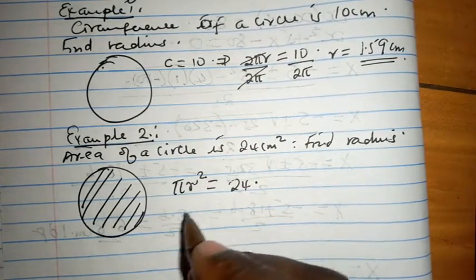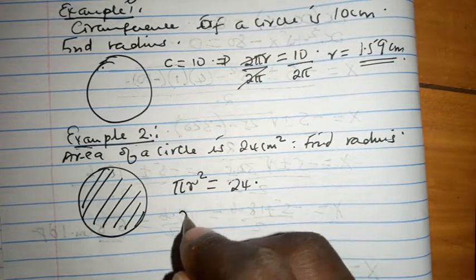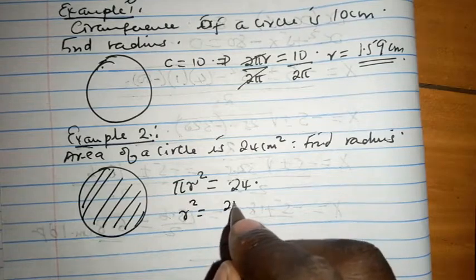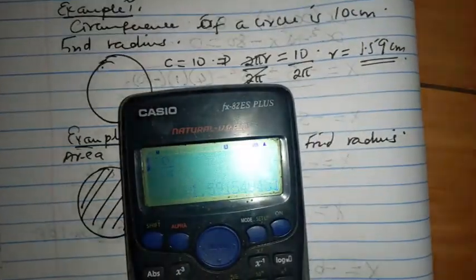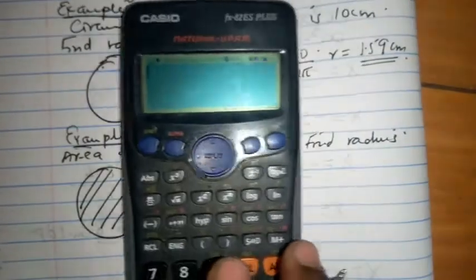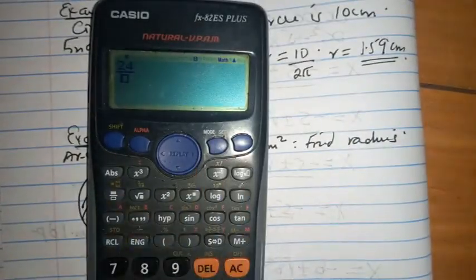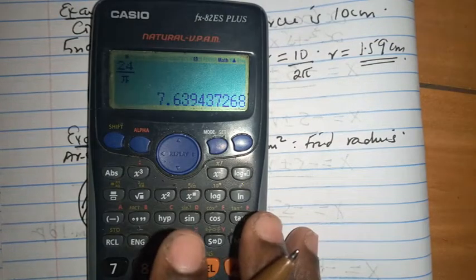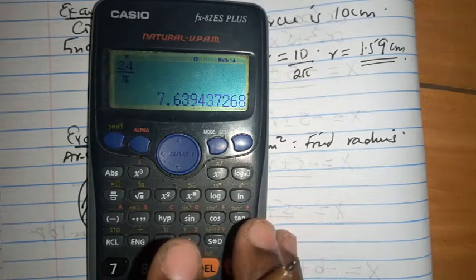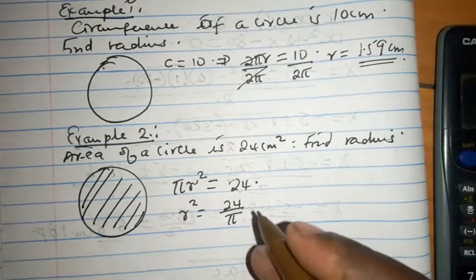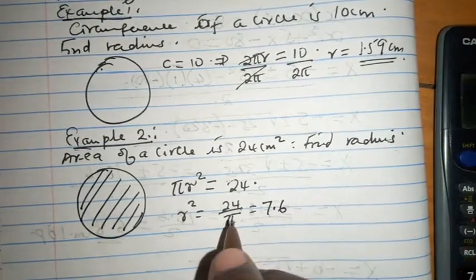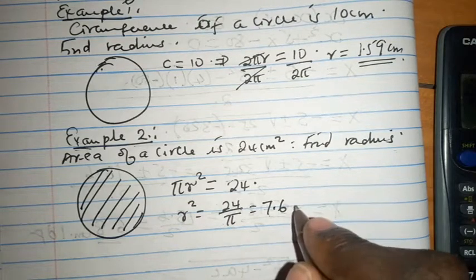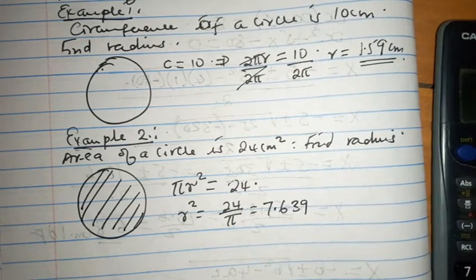So we divide both sides by pi, and we have r squared is 24 over pi. Let's first of all do that. 24 over pi gives us 7.639.